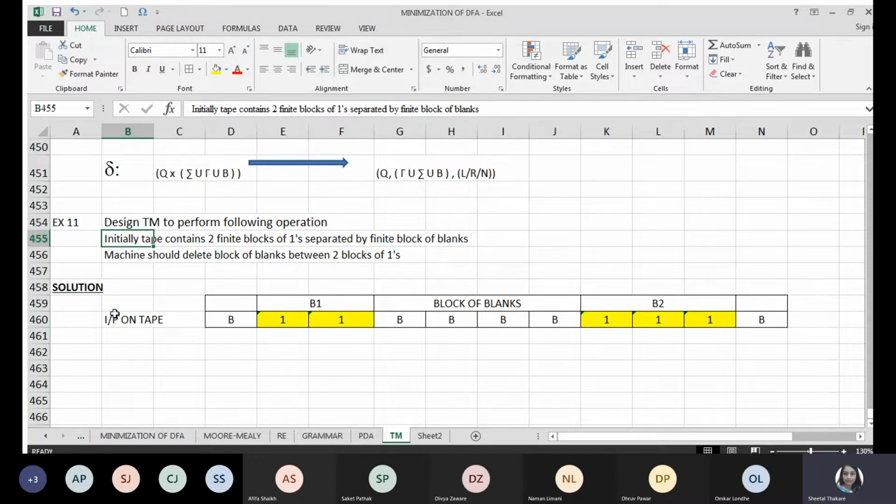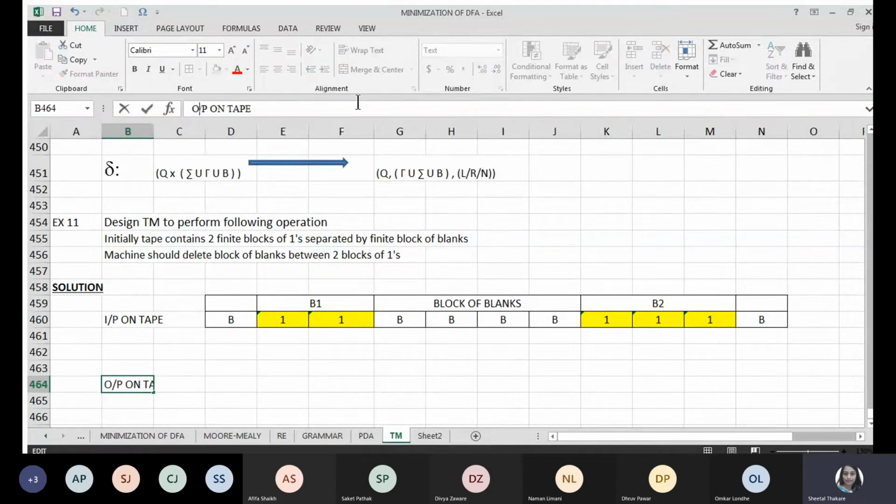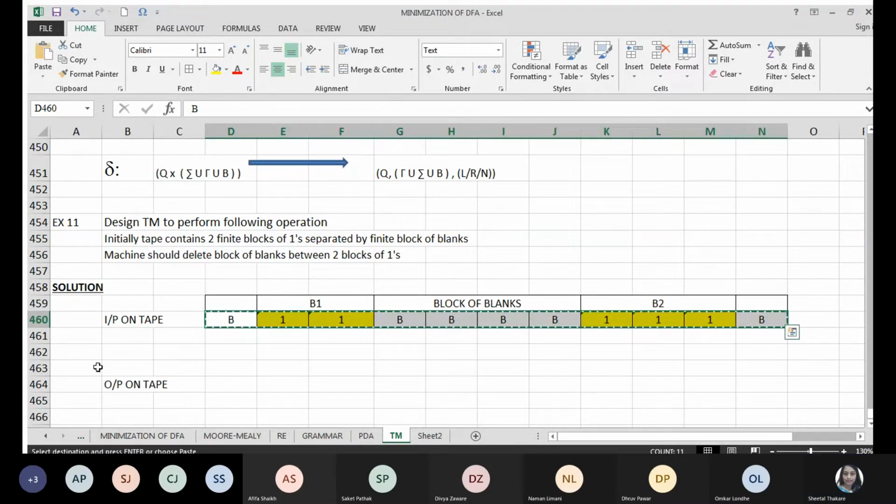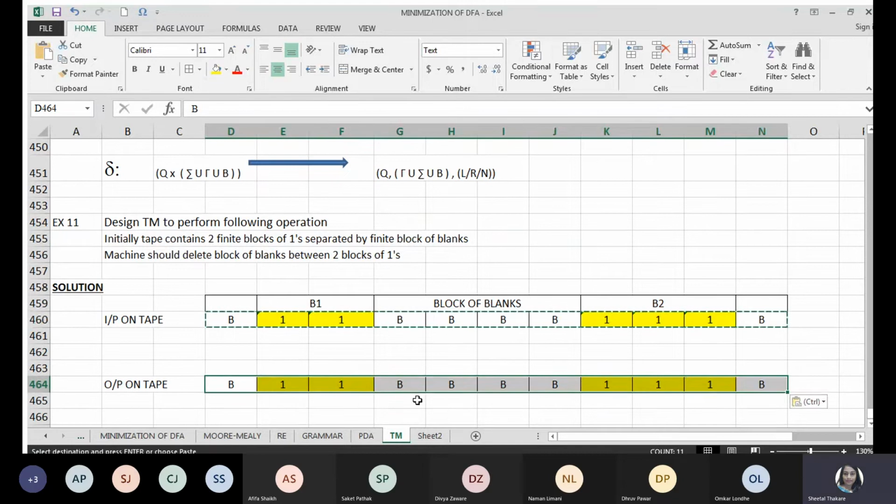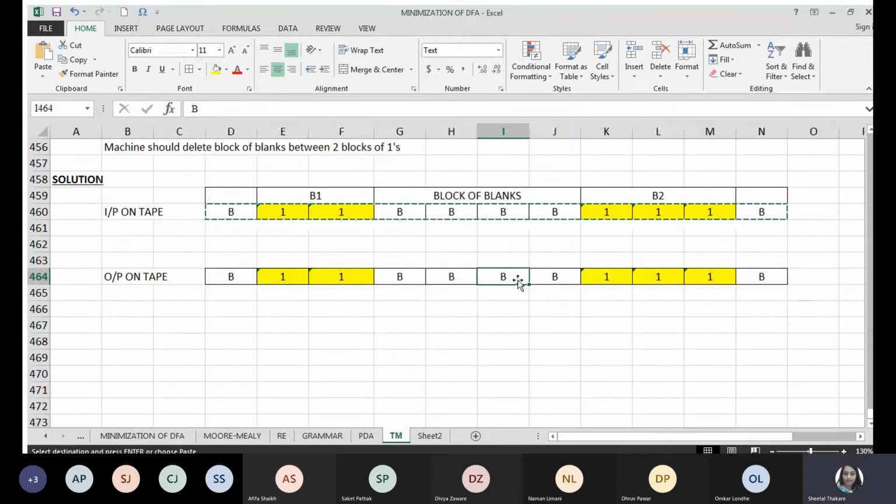So what we are expecting is the output on tape, and we will be solving this sum likewise.